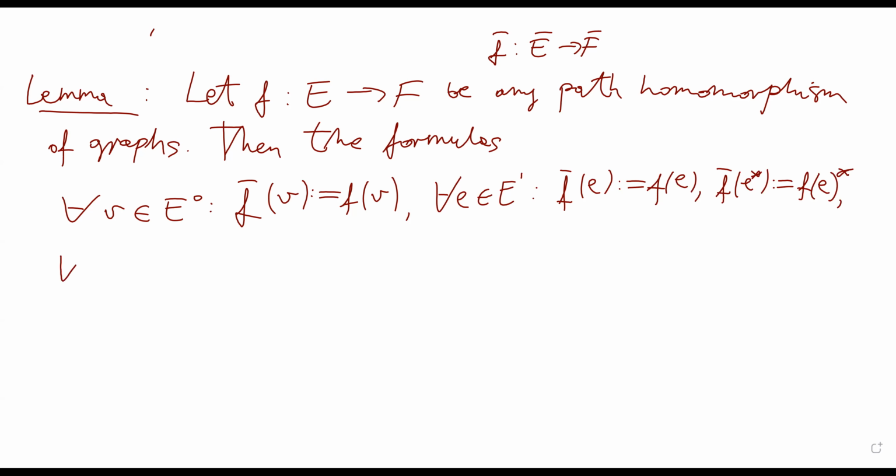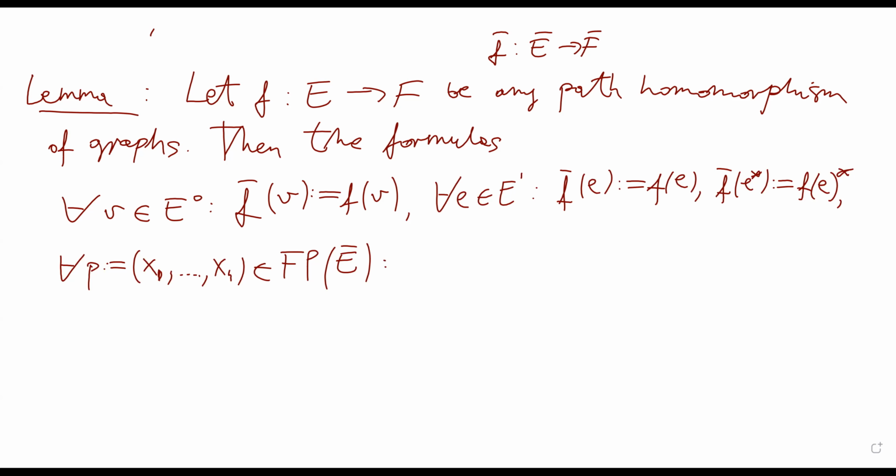So for convenience, let me take any path which is already in the extended graph. Okay, so I have a finite sequence of edges in E bar, so x1 dot dot dot xn. And I say that this is a finite path in E bar, because you know what I assign to edges that are both starred and unstarred.